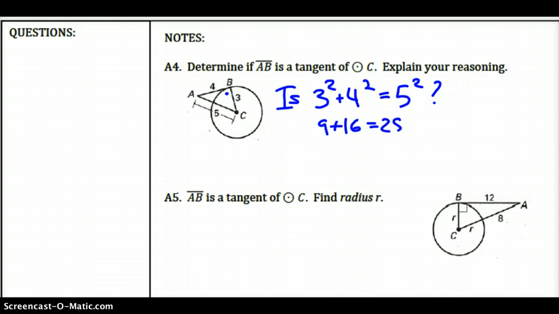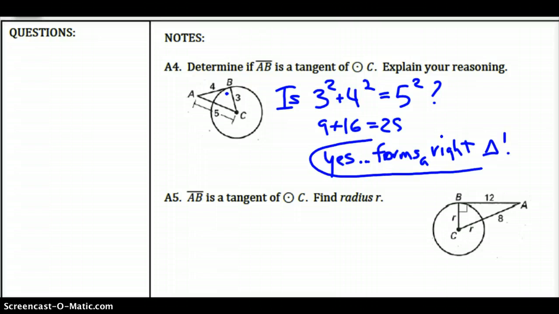So we'll say yes, okay? We have a right triangle. And with that right triangle, we have a right angle. And with that right angle, and this is a radius, then we can go ahead and say we have a tangent.